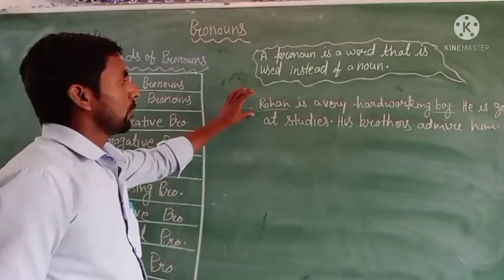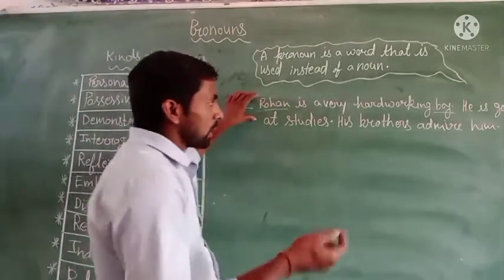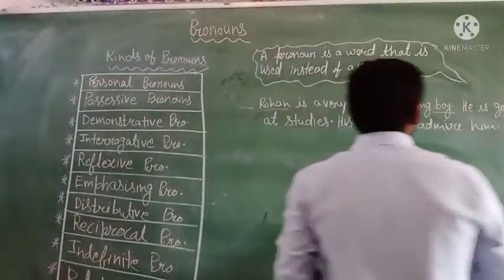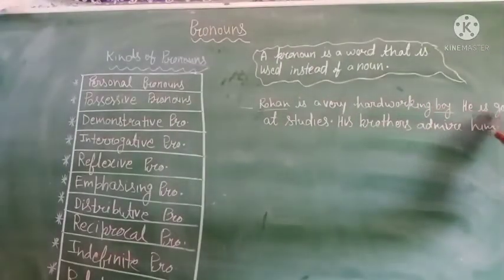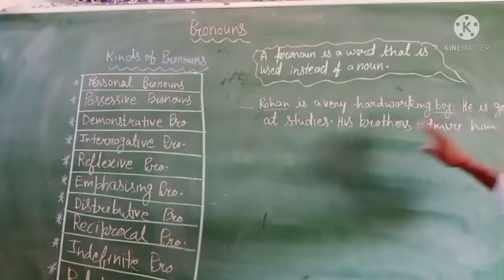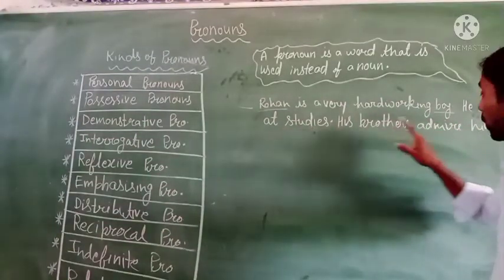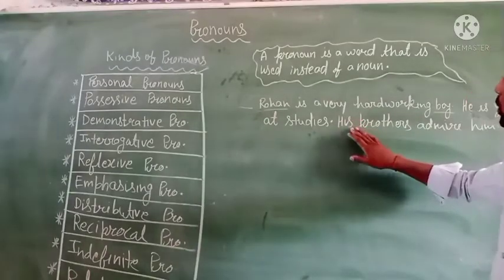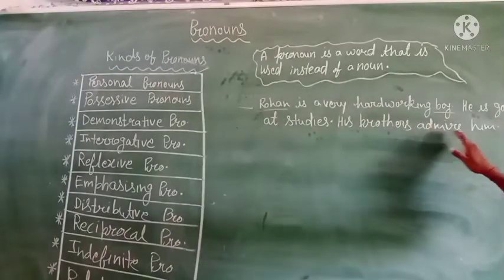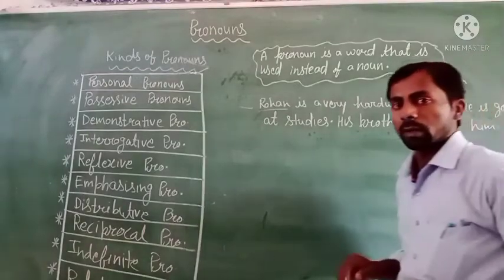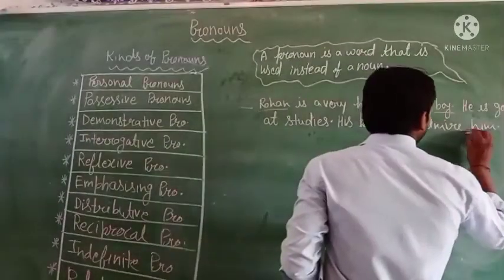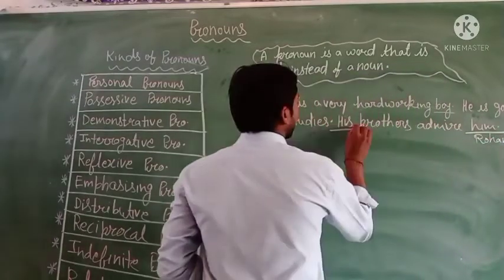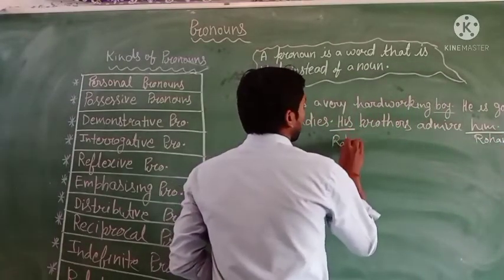Then, proceeding with the next sentences: Rohan is good at studies. Rohan's brother admires Rohan. Here in place of him you can write Rohan, and in place of his you can write Rohan.